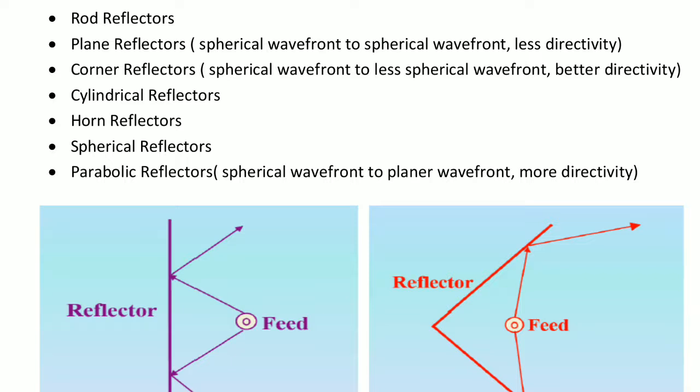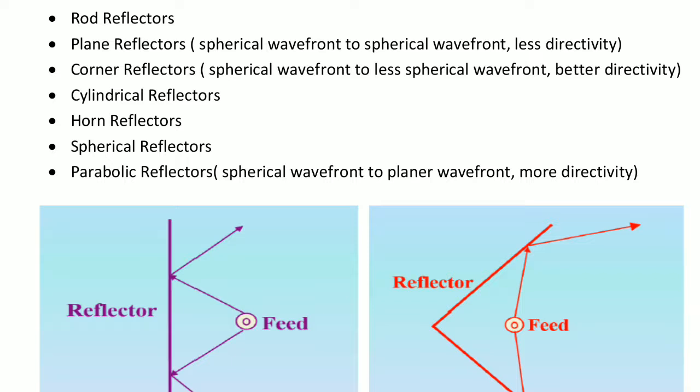In the case of corner reflectors, the waves coming from the feed antenna or from the focal point, traveling towards the reflector plate, have a spherical wavefront structure, and the waves reflecting from the reflector and moving into space also have a spherical wavefront, but as compared to plane reflectors it is less spherical. So it has better directivity as compared to plane reflectors.